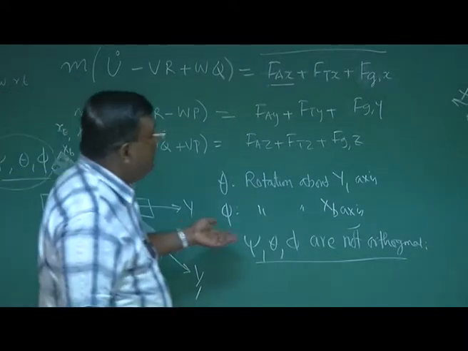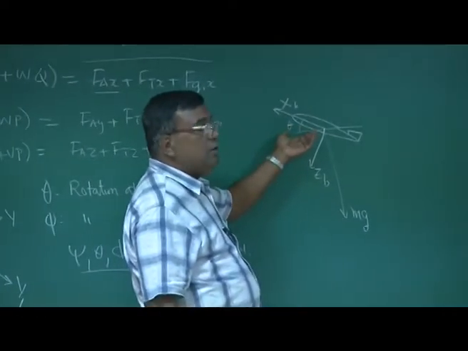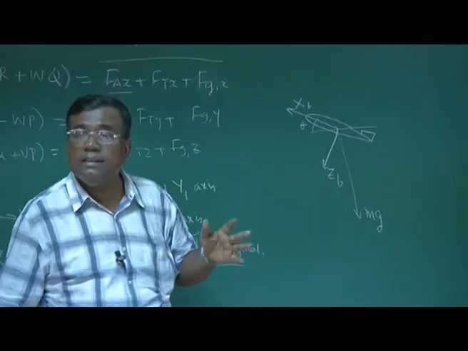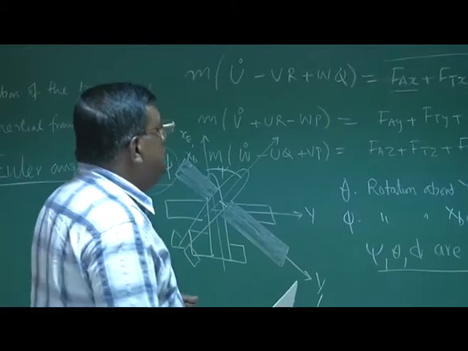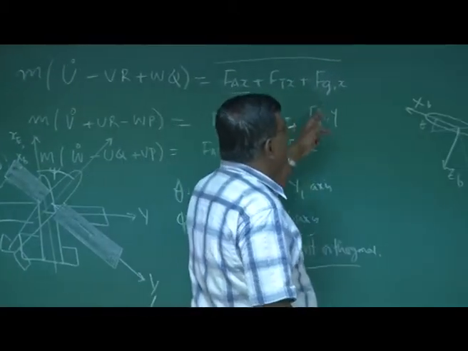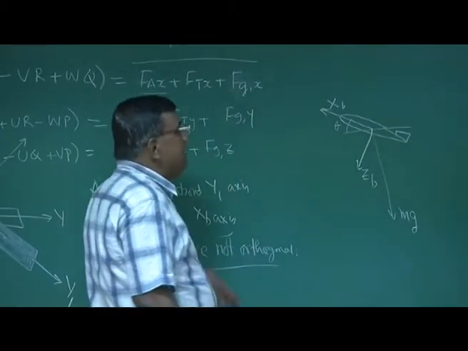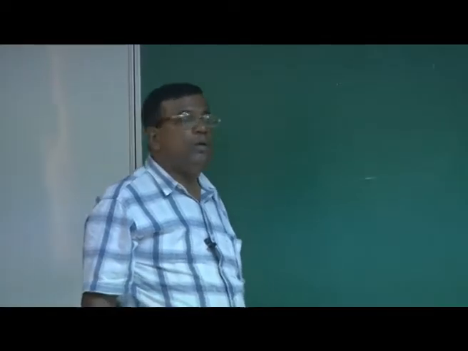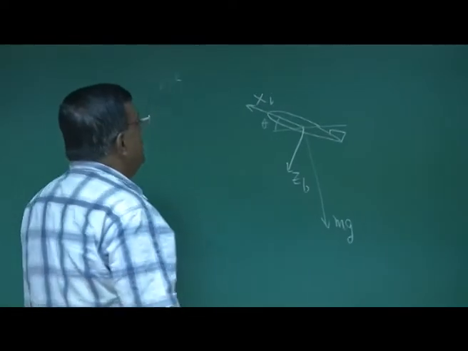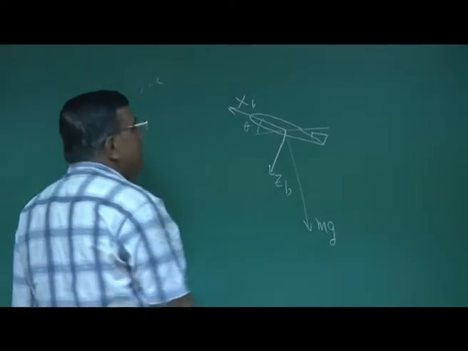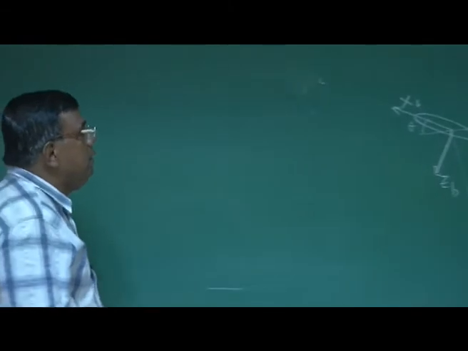Because I need to find the orientation of this airplane so that I can get the angle of attack, etc. Orientation is important, right? If I want to get the forces, I need to know the orientation so that I can get the components of forces. We need to know the orientation of the airplane because we want to find the forces along the local body fixed axis system.